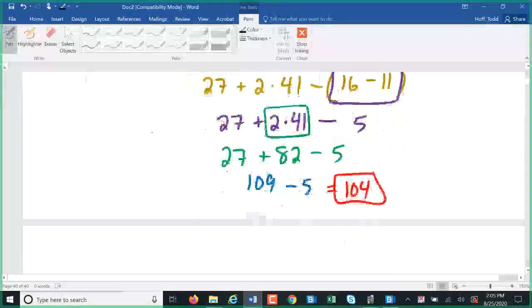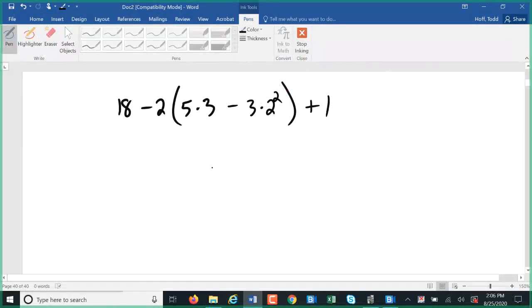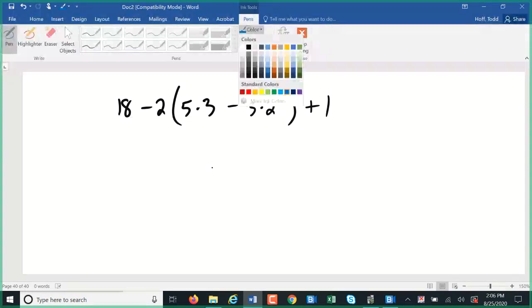I'm going to show you a little bit of a shortcut on one that's not quite as long. So something like this. What I normally do on a problem like this, because I have the ability to erase easily, is I will rewrite the problem once.